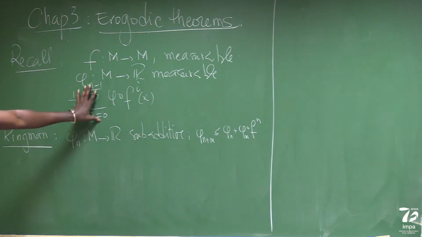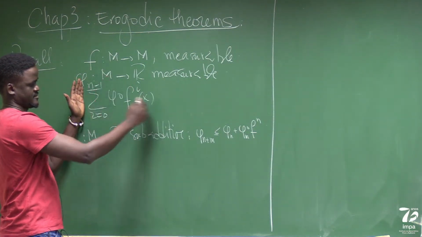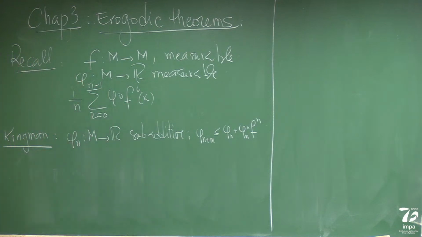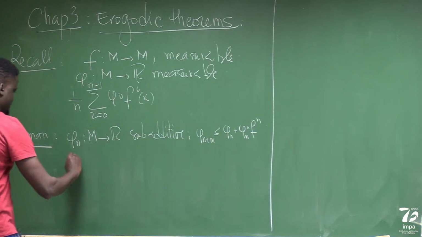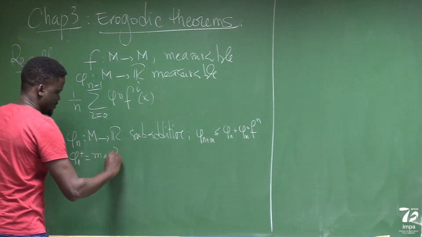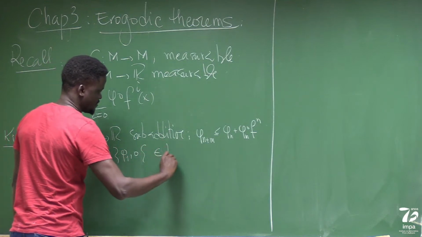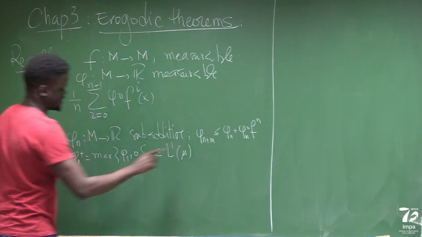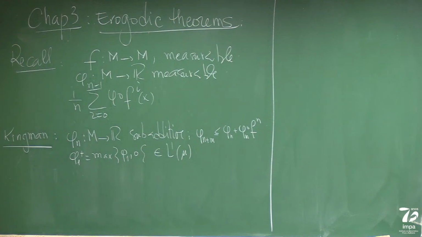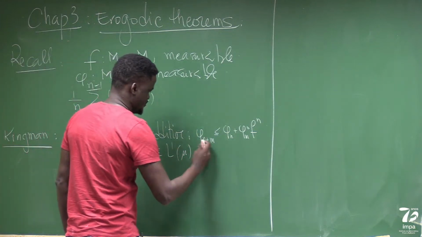So for instance, this here is sub-additive. And the condition was that phi 1 plus, the maximum between phi 1 and 0, is integrable with respect to a measure that is given, and that mu is F invariant.